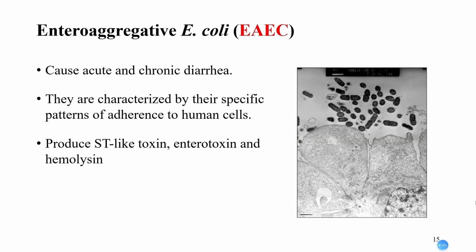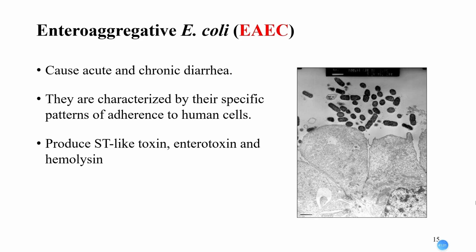Okay, the last one is called EAEC. So here A is aggregative, so enteroaggregative E. coli. So there must be some aggregation. So this is what happened. During infection, the E. coli would form a special pattern on the epithelial surface.